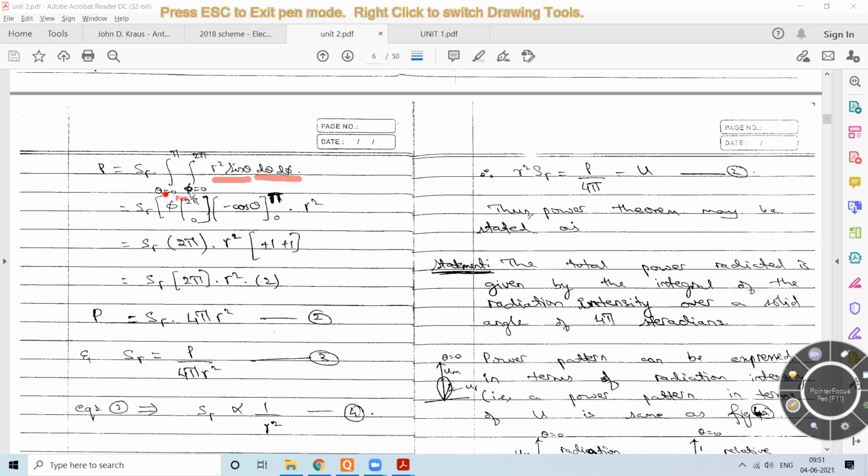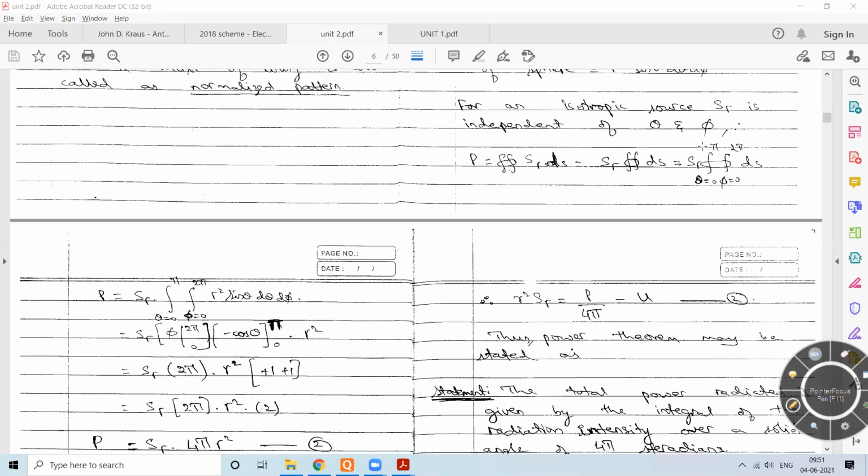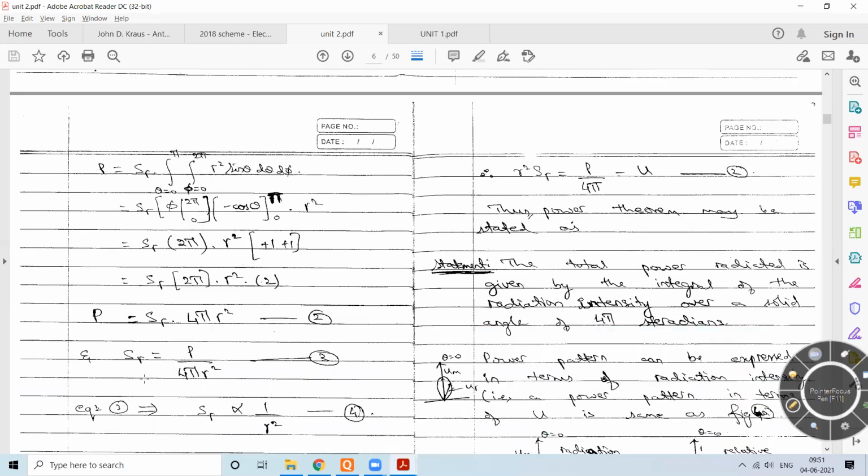When I simplify, this integration is nothing but summing all the points on the sphere in order to obtain the surface area of the sphere, which is given by 4 pi r square.